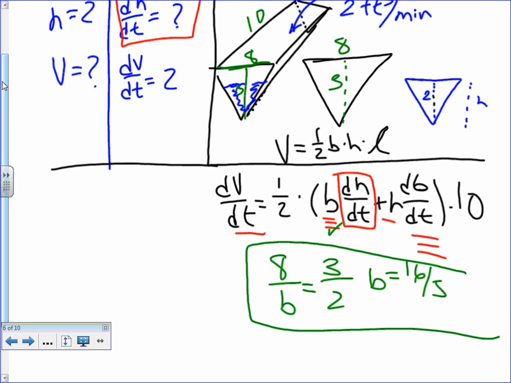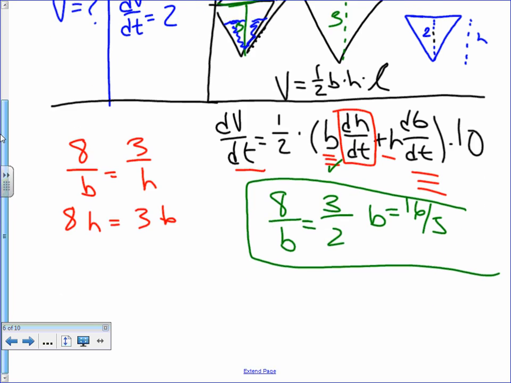So let's use this proportion again. Let's go 8 over B equals 3 over, and this time let's put H in and not solve for a specific B value, but just write down this relationship between B and H, because that then gives me 8H equals 3B, which if I take the derivative of this, I get 8 dH dt equals 3 dB dt, which remember, I'm trying to get dB dt out of the equation.